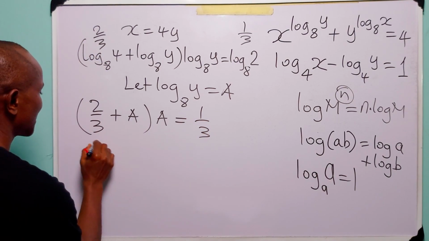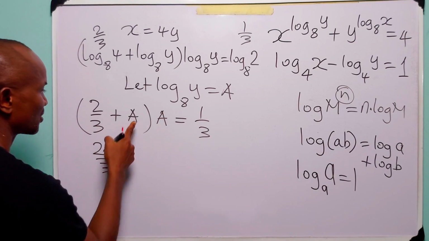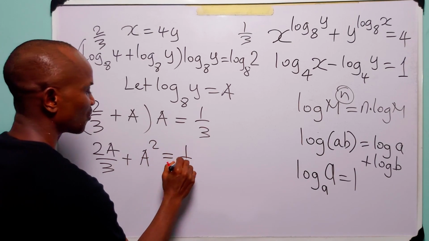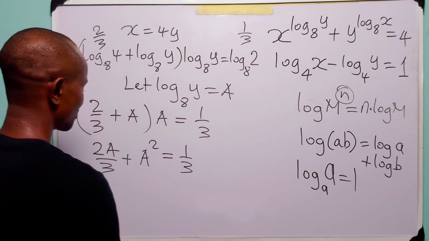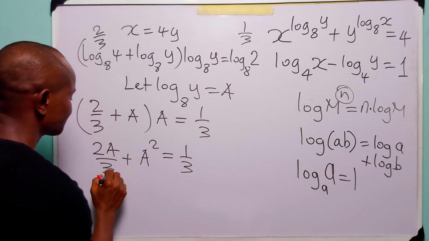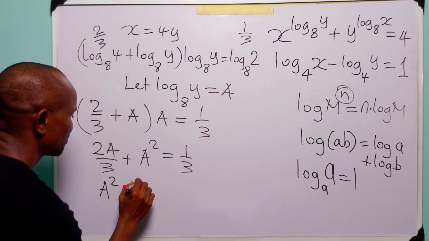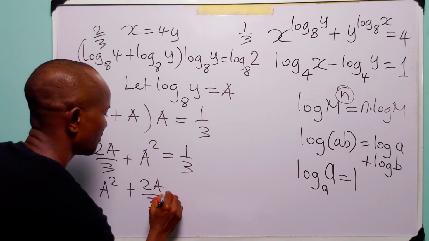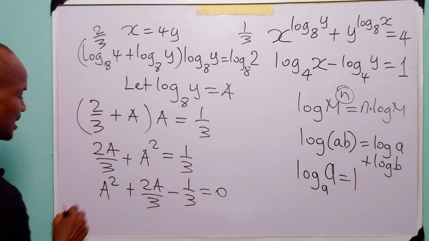Opening this bracket, we have 2a over 3 plus a squared is equal to 1 over 3. And rearranging this equation, we have that a squared plus 2a over 3 minus 1 over 3 is equal to 0.